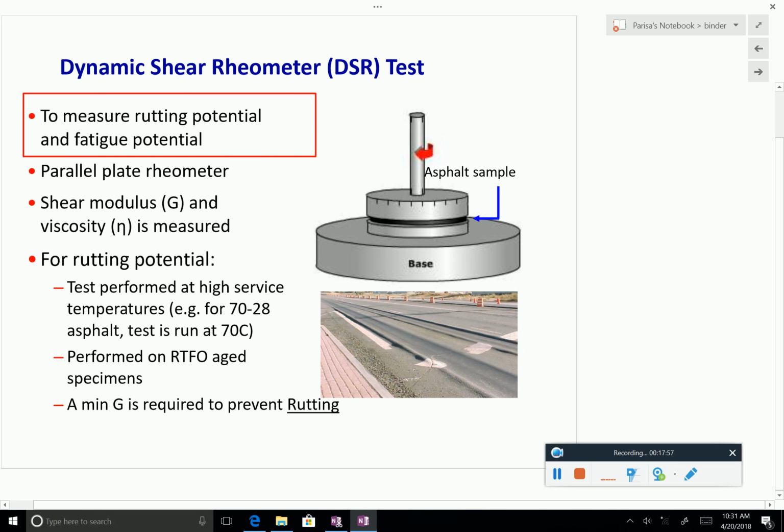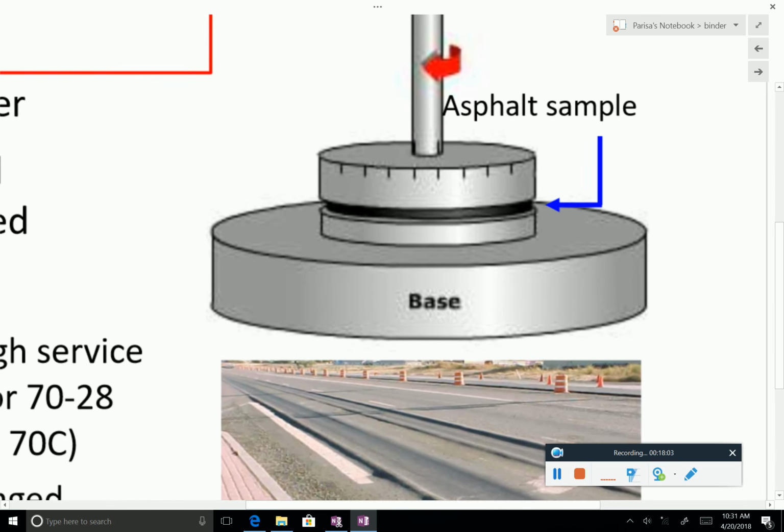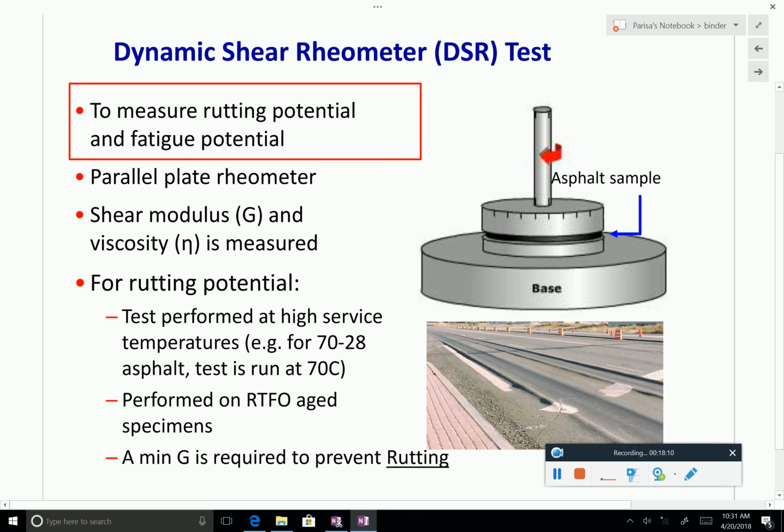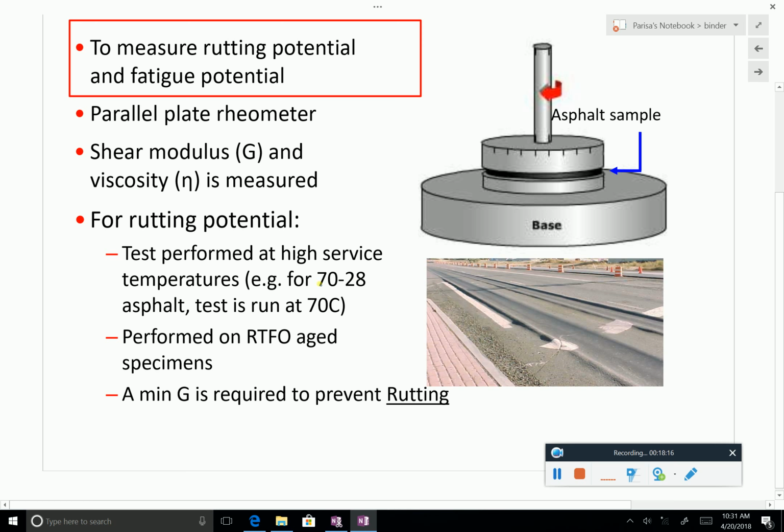And of course, we need to know the shear modulus and viscosity. I hope you remember that we had different ways to measure it. This is another kind of rheometer, where you put the asphalt between one plate, which is stationary, and the other one is rotating on the top. And then you do this at different temperatures, and you do it on the aged samples too.